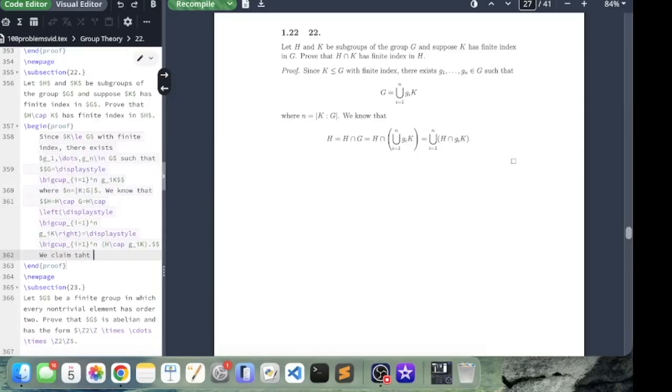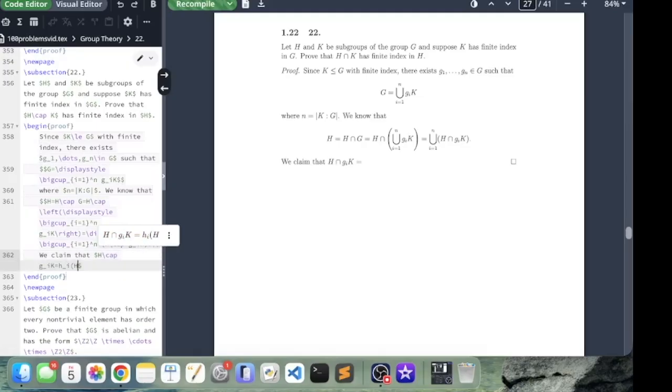And we claim that H intersect those left cosets is equal to h_i times H intersect K. Before this, I'm actually going to define h_i.